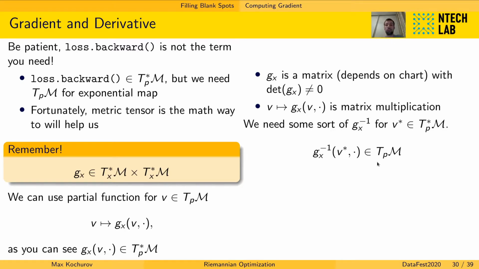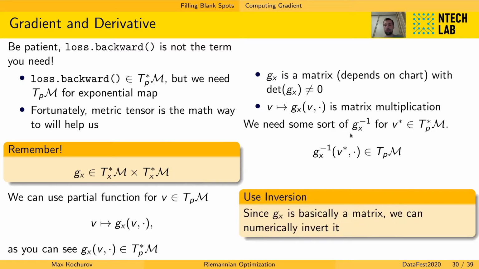And that's exactly what we need. So computing the inverse of metric tensor will solve all our problems. Since metric tensor is a matrix, we can use matrix inverse based on the chart we choose, numerically invert it, and translate the result of loss backward to the tangent space, and use it for exponential map.